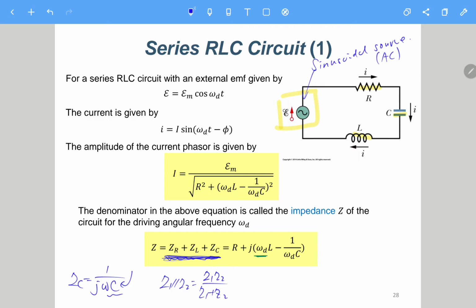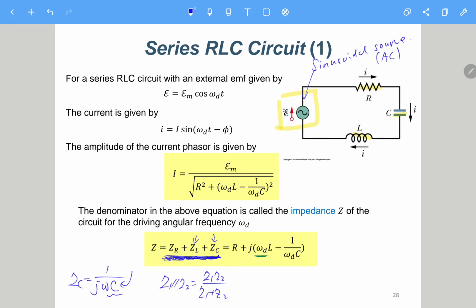So you just need to follow one rule to calculate the RLC, but you need to consider the impedance, which makes the impedance of L and of C imaginary numbers.